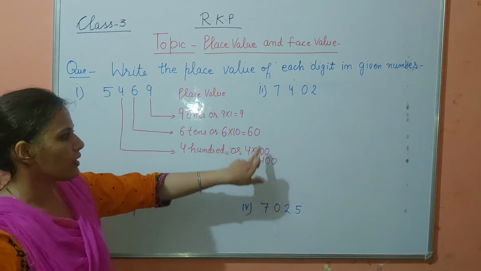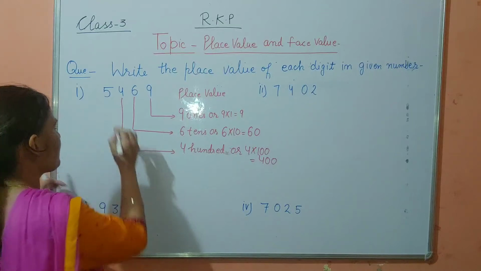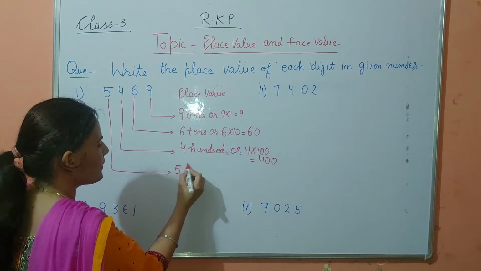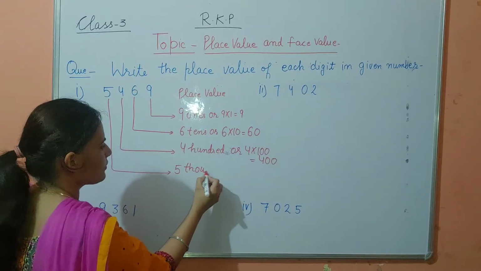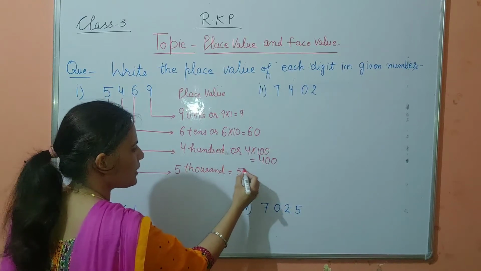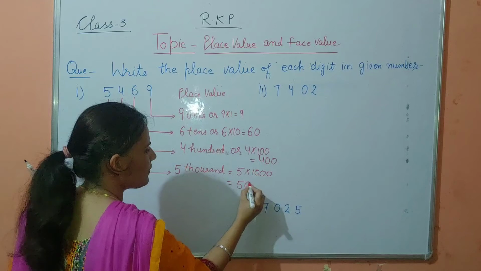But you should prefer this 69 and 400 like this. At 1000 place, you can write 5000. Means 5 into 1000 is equal to 5000.